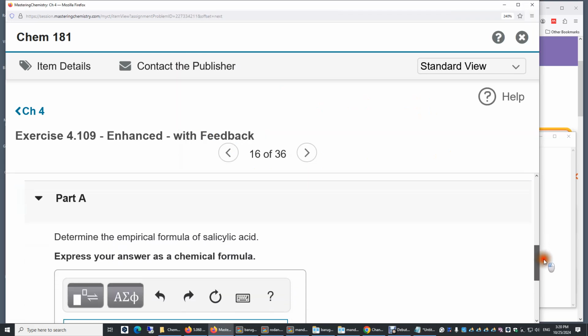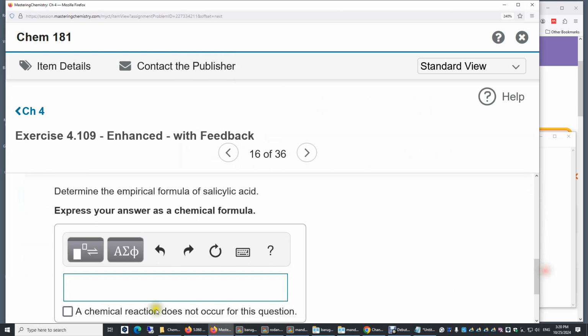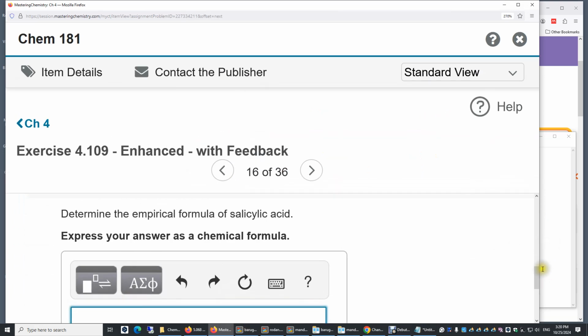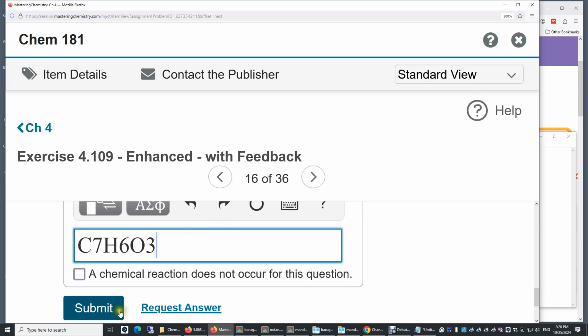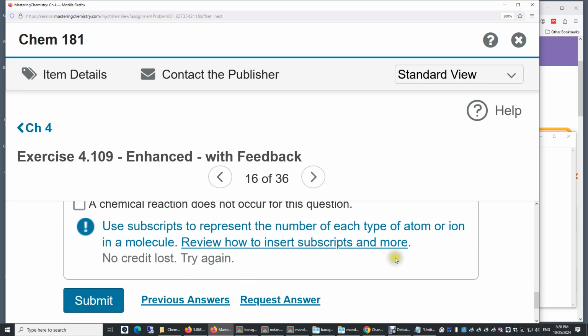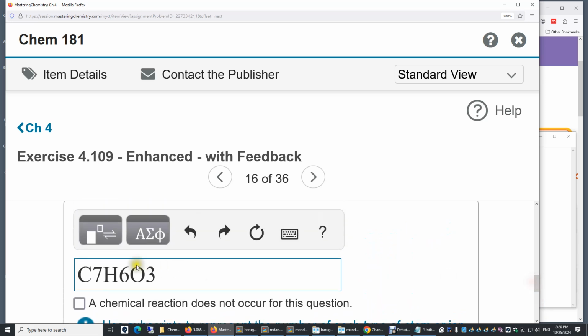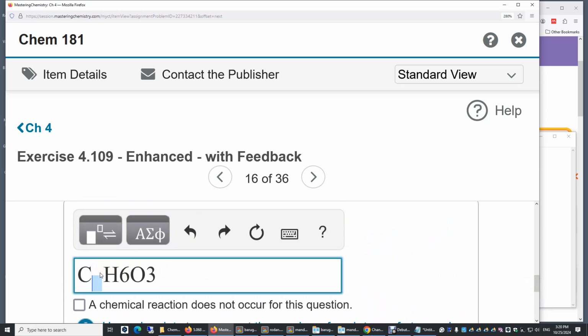Let's see if Mastering Chemistry will be lenient about this. Probably not. Use subscripts. So I'll just use subscripts, 6, and over here it should be 3.